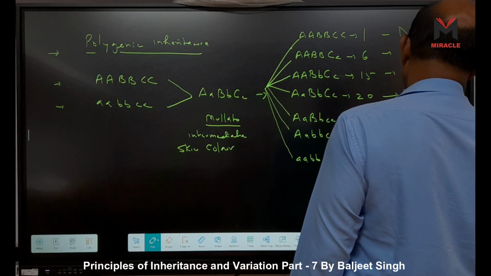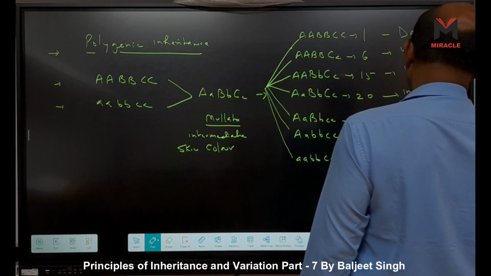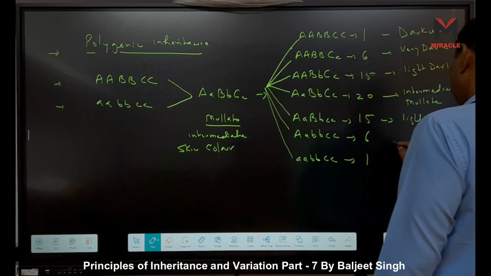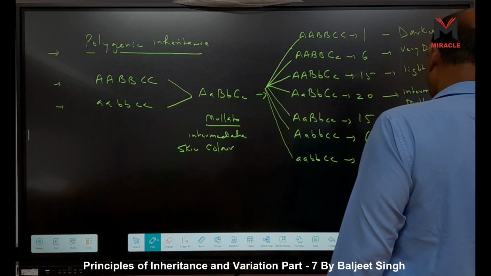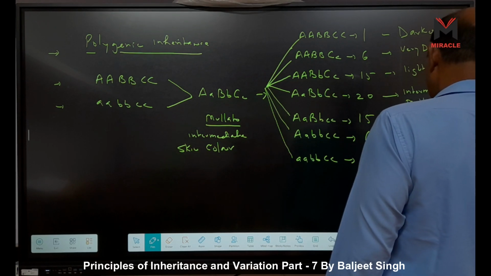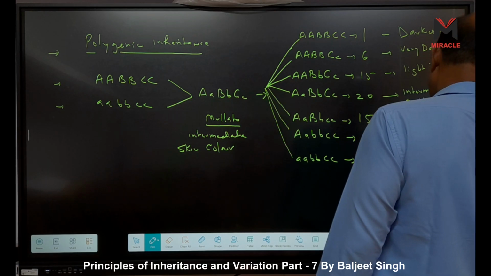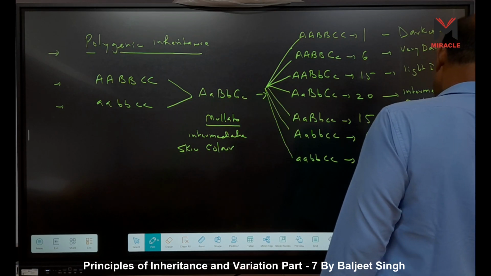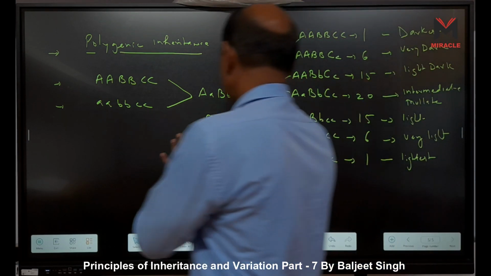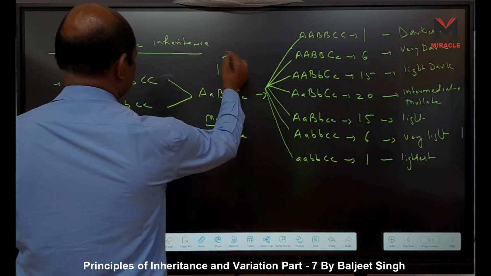This one is light, this one is also light dark, right? And this one is very light, and this one is the lightest skin. So this is called, we can say, the F1 generation simply, right?